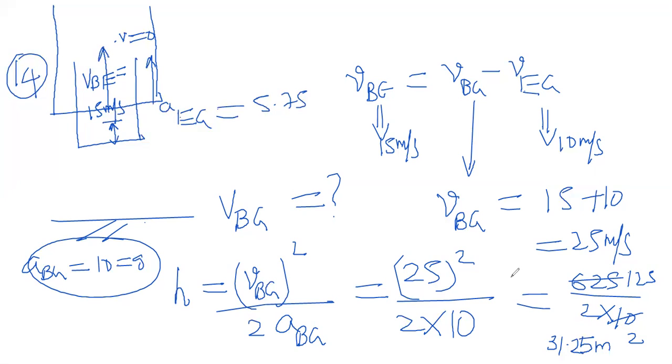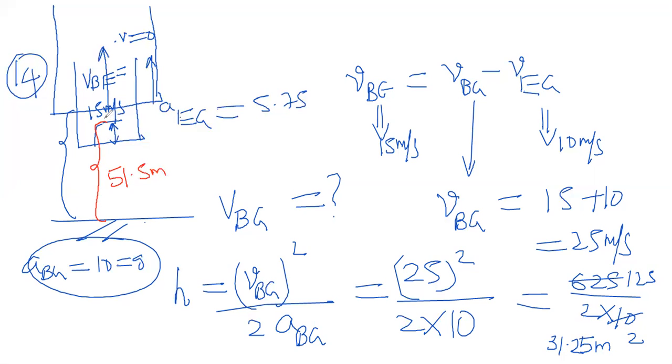This is the H max, but this is not the complete answer. It's not still the answer. This 31.25 is from where? From the level of the elevator only. When the whole upward motion started, it was at what height? 51.5 meters.